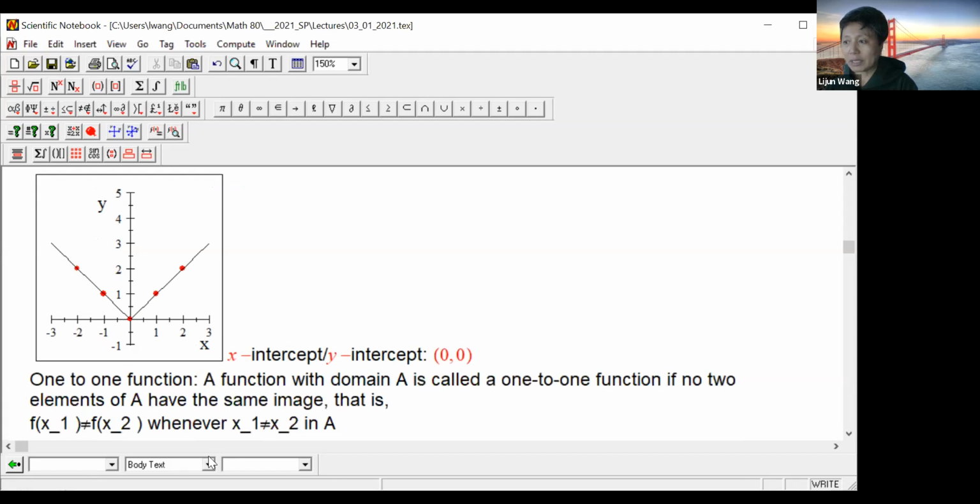I want everybody to write it down and carefully think of its implication. What is the implication of this definition? This definition is definitely very, very important.